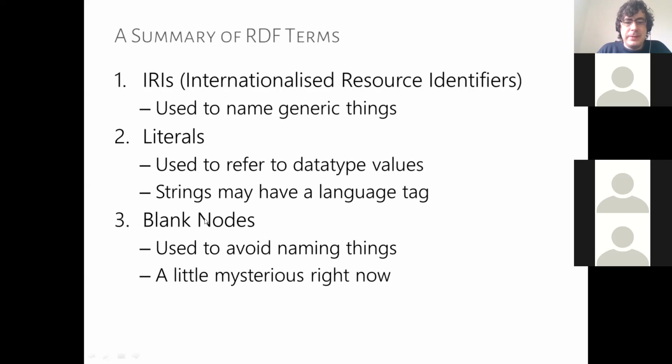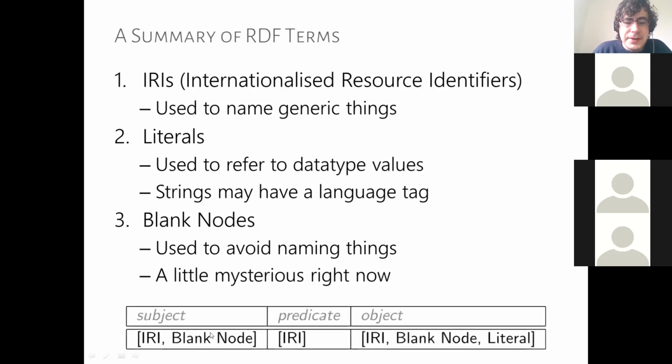And these slightly mysterious blank nodes that we'll return to, which we use to avoid naming things. They're sort of like placeholders in the graph. So in summary, subject can be IRI or blank node, predicate can be an IRI, and the object can be an IRI, blank node, or a literal.